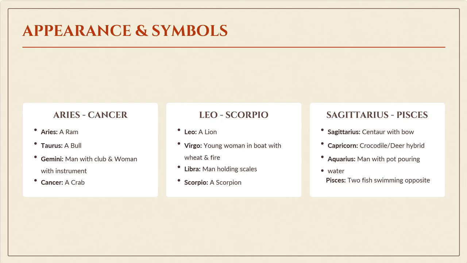It is very difficult to take it out. So Taurus also represents that kind of stability. And Gemini is a man with club and a woman, so it has a dual nature. So these signs represent some characteristics of the Rashi to which they are allotted.